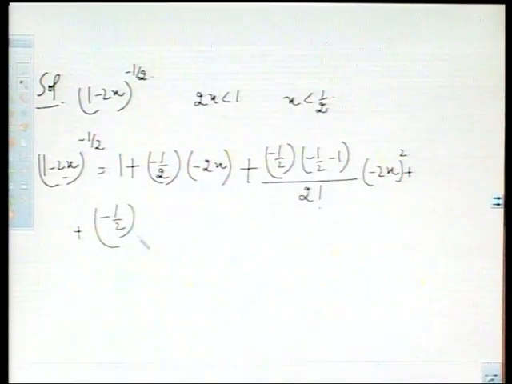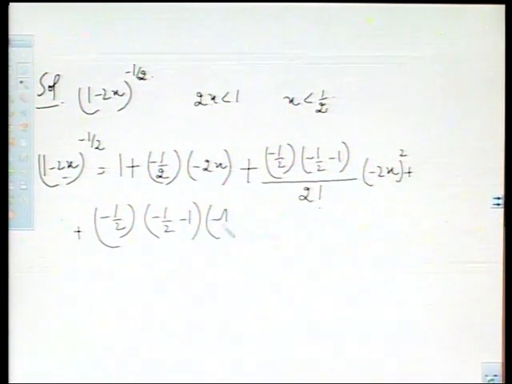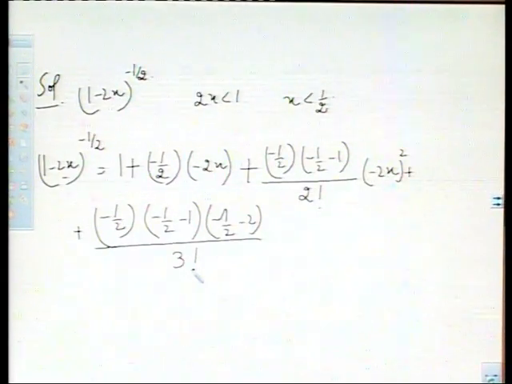Plus n is our minus 1 by 2, n(n minus 1)(n minus 2) upon 3 factorial and what is x? x is (minus 2x) cube.